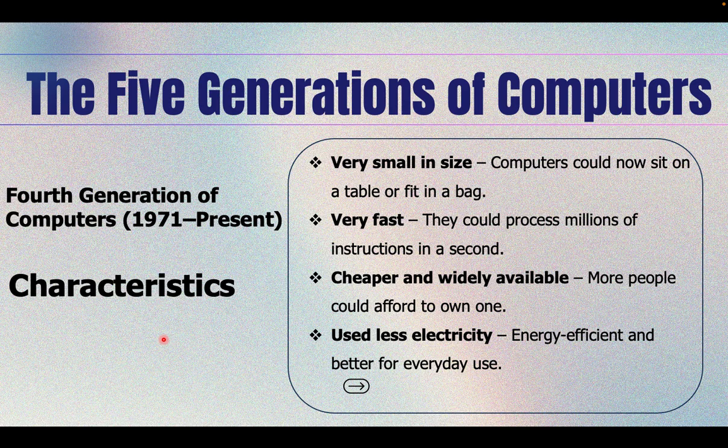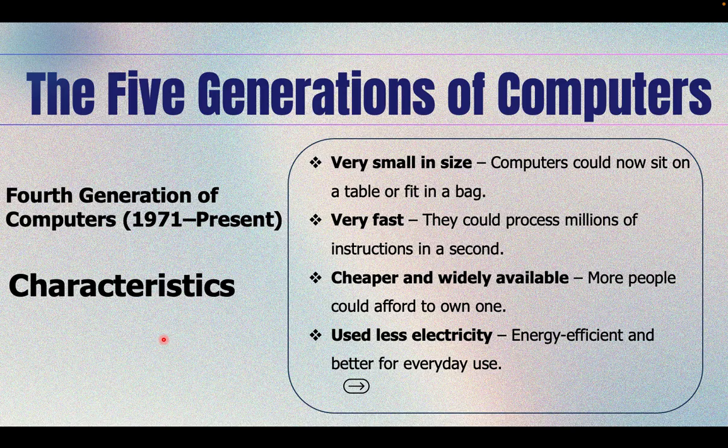They use less electricity. Yes, computers have become energy efficient and better for everyday use. You can charge your phone, you can keep your computers on while it is in use.